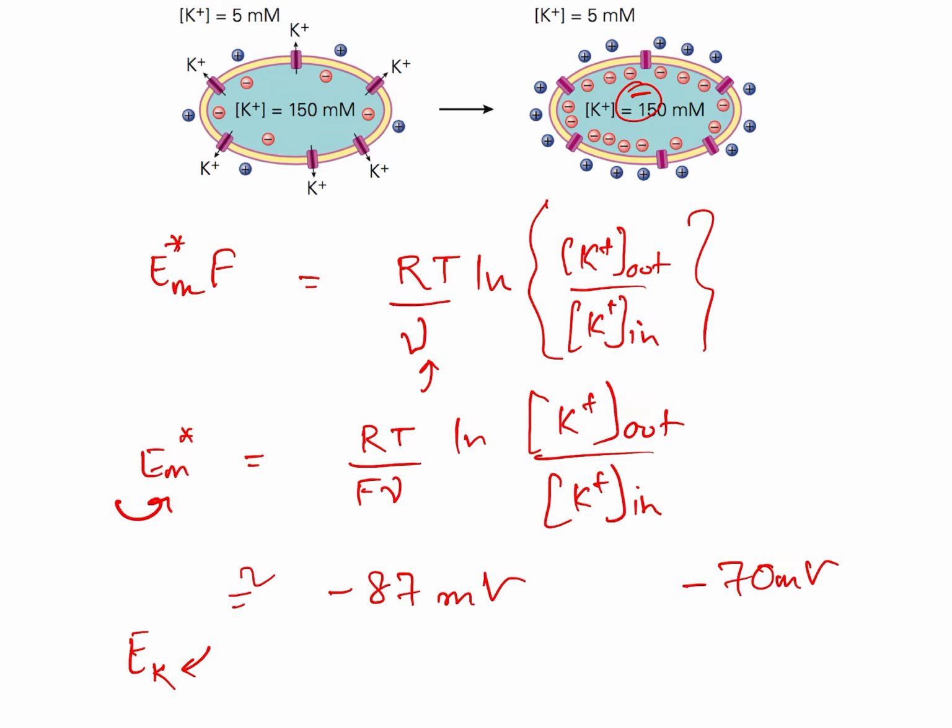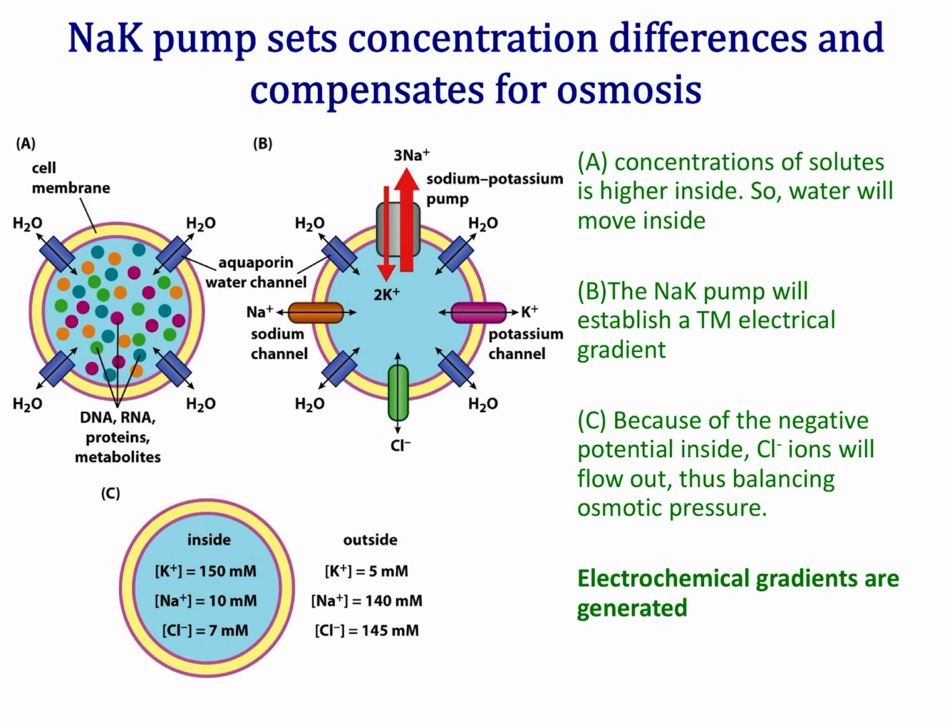In order to generate these membrane potentials, another protein that must be involved is the sodium potassium pump, which pumps out 3 sodium ions and pumps in 2 potassium ions for each molecule of ATP hydrolyzed. The sodium potassium pump also compensates for osmosis effects. So if you look at the cell in image A, the concentration of solutes is higher inside than outside.